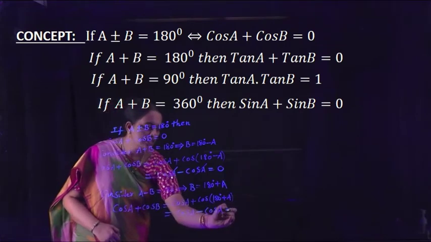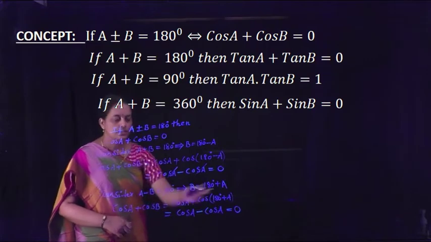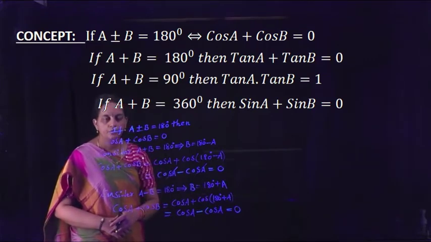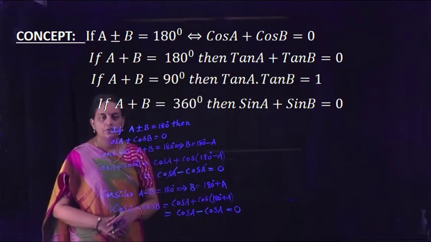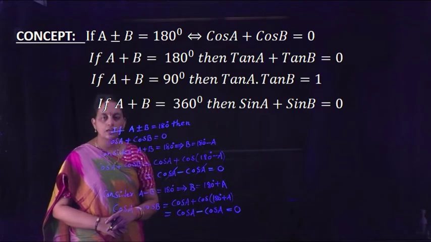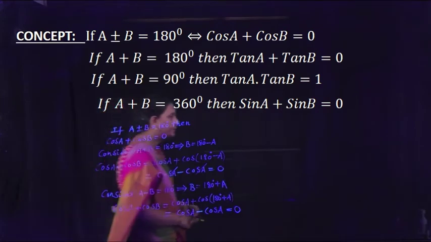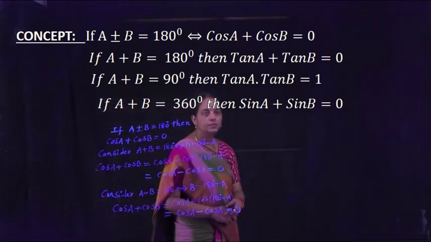Here, plus cos a and minus cos a get cancelled. That is equal to 0. Therefore, we conclude that if a plus or minus b equal to 180, then cos a plus cos b equal to 0.